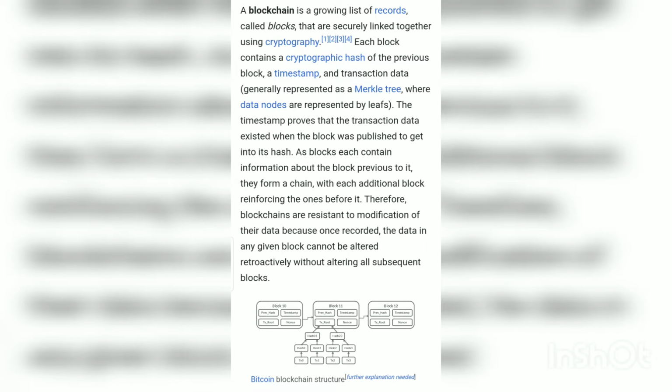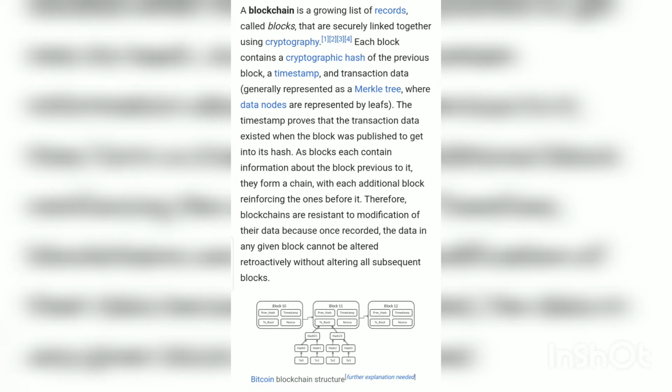Therefore, blockchains are resistant to modification of the data because once recorded, the data in any given block cannot be altered retroactively without altering all subsequent blocks.